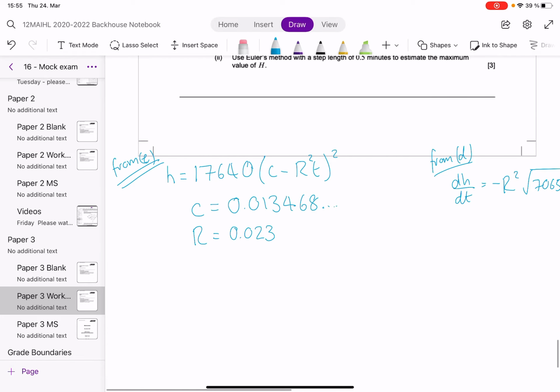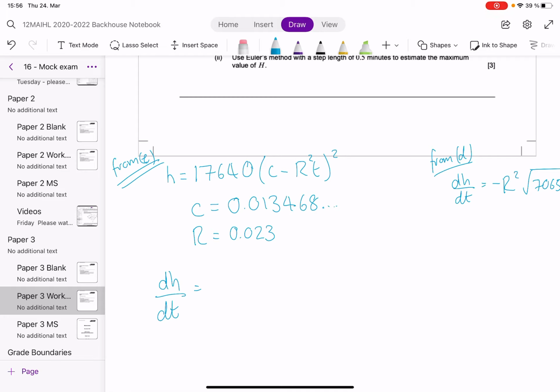So we have this expression for H. So we could find an expression for dH by dt, which is the rate that the water is exiting the upper container. And we're going to have to do some chain rule here.